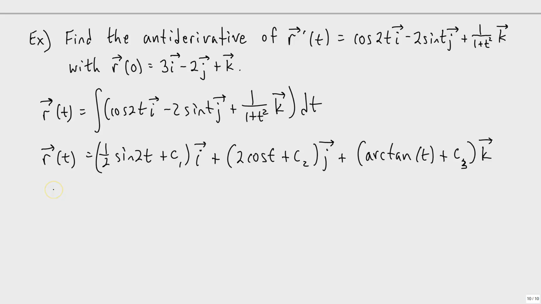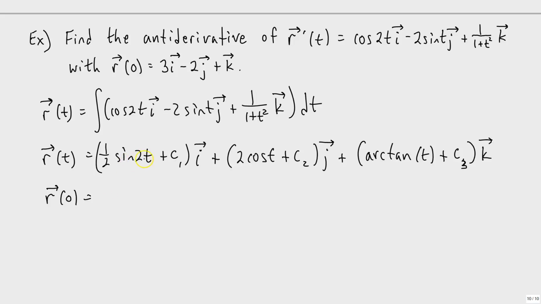Well, I guess before we use the initial condition, why don't we go ahead and plug in 0 for our vector valued function here.